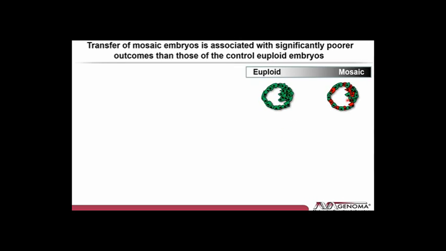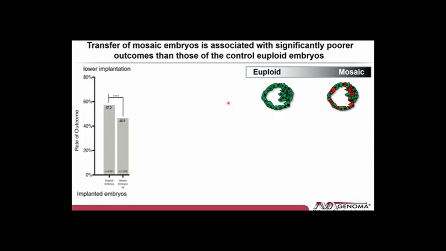Here is the first result. We compared the mosaic outcome with those obtained after the transfer of euploid embryos. As you can see, the implantation rate obtained after the transfer of mosaic embryos was significantly reduced compared to those obtained after the transfer of euploid.